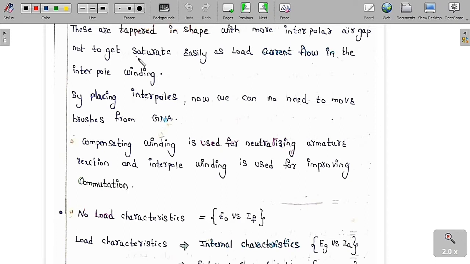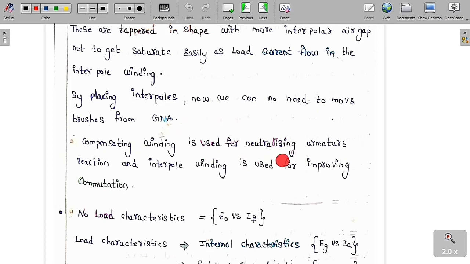Second, to reduce the cross magnetization under the pole tips, top or bottom of the pole. In order to achieve these two functions successfully, interpole polarity should be equal to the polarity of the main pole ahead of generator rotation. And these interpoles are tapered in shape with more interpolar air gap, so as not to get saturated easily as load current is flowing in the interpole winding.